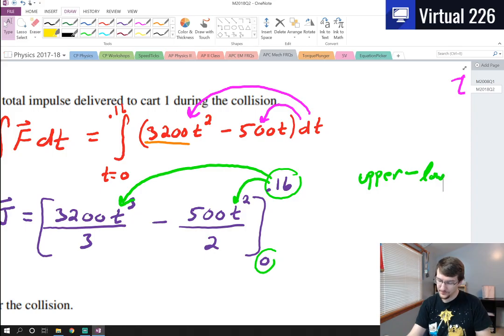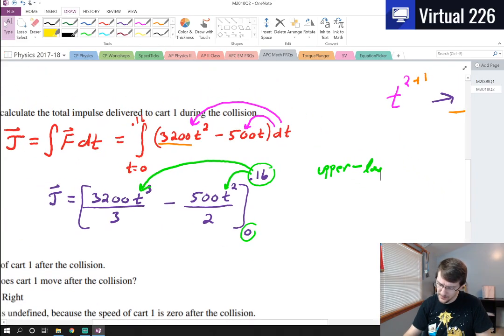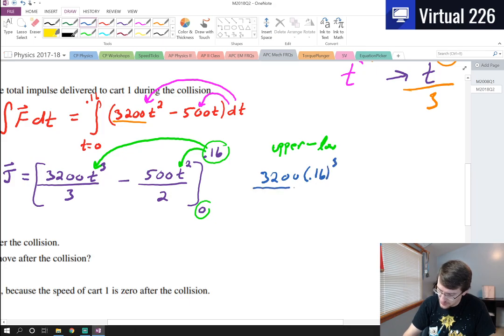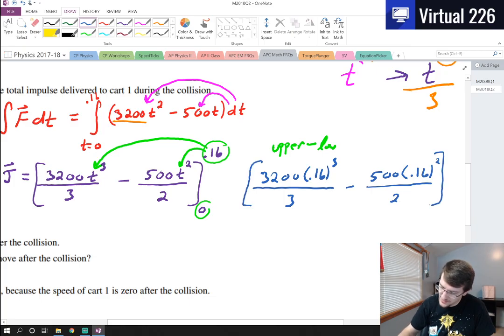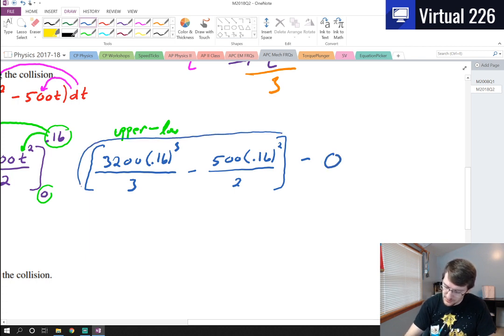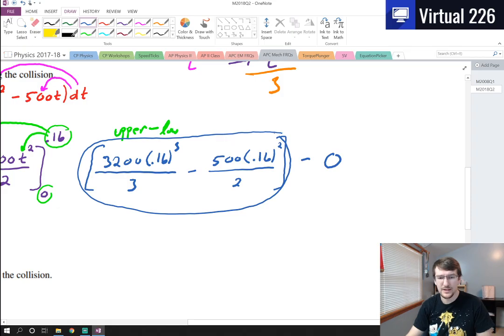But for the upper bounds, we could write it out as 3,200 times 0.16 cubed over 3 minus 500 times 0.16 squared over 2. So that's the upper part, and then minus 0 for everything else. So whatever this is right here, that's what our answer is.